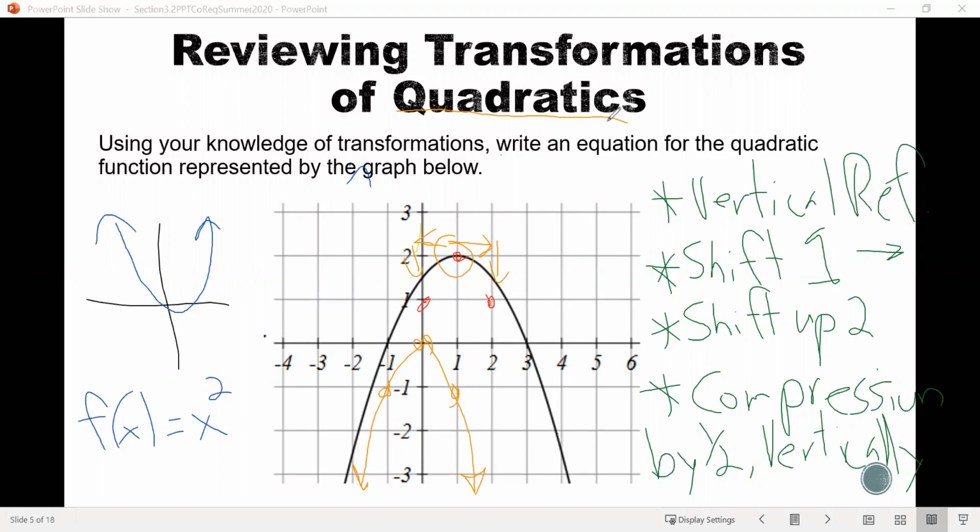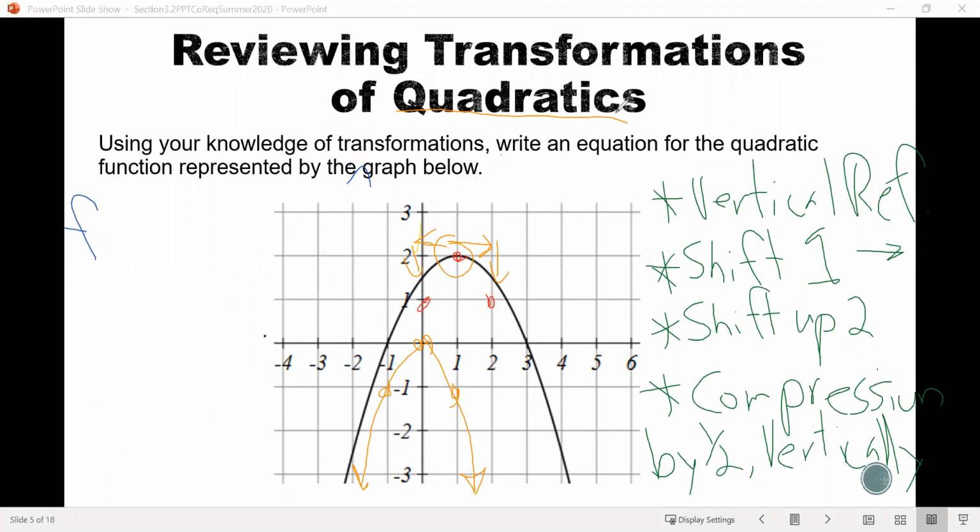Okay, so let's use this information now to write the equation for this black graph. And we're going to start with the toolkit function, f of x equals x squared, as our base. We have to think about what each of these things means. And I'm going to do this in green. Call this function g of x. So the vertical reflection, first, means there should be a negative sign out front.